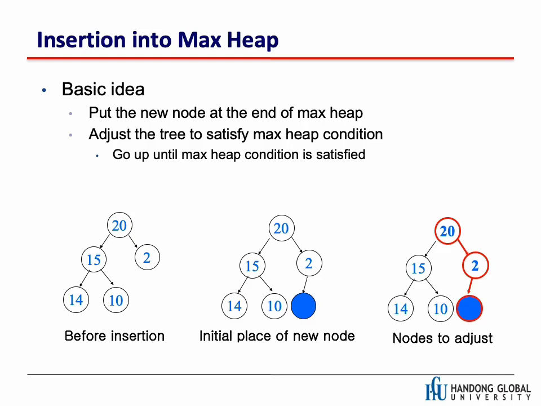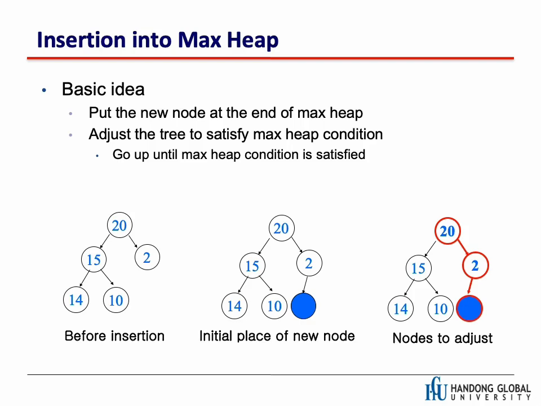Think about the conditions of a max heap. It should be a complete binary tree. We just satisfied that by adding the new node at the end of the max heap. But to make it a max tree, the parents should be larger than the children. That's the only condition here.